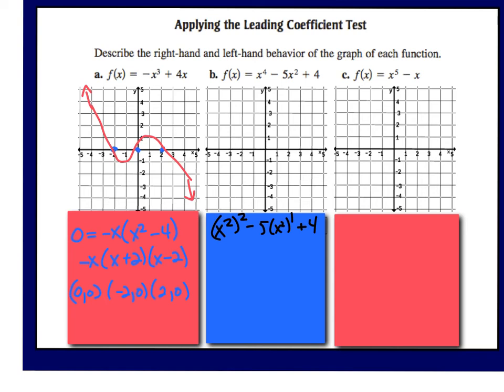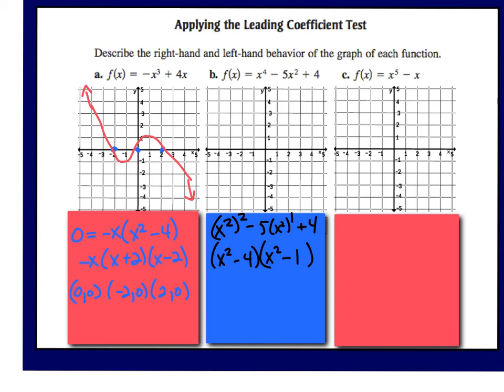Are you following me? All right, so what would this factor to? I got to get to a positive 4 and a negative 5. So what would that factor to? x squared, what? Minus 4, x squared minus 1. All right, and then what can you do? Can you do anything more?